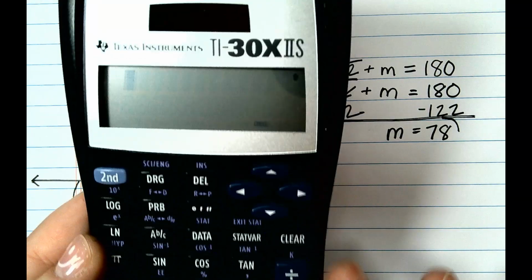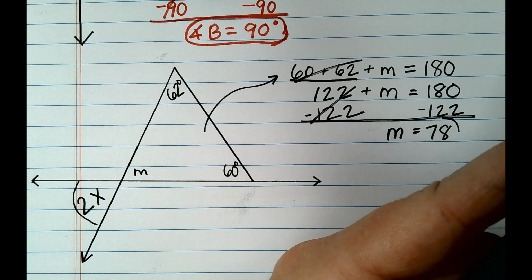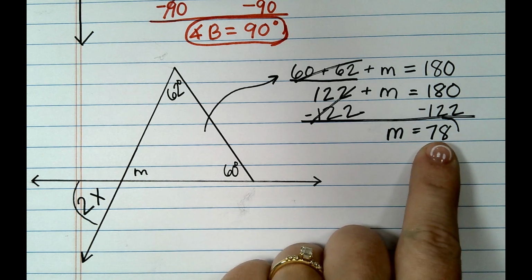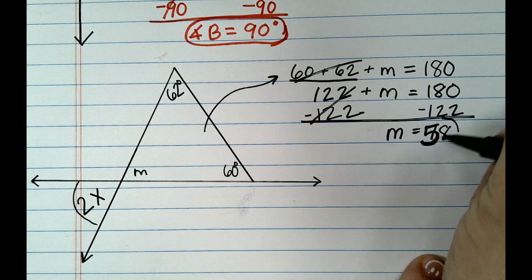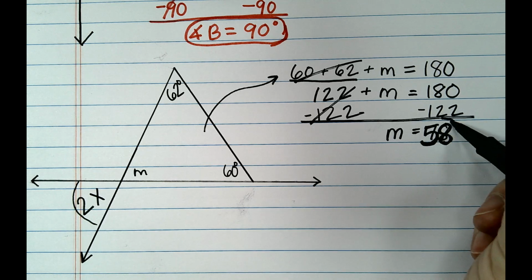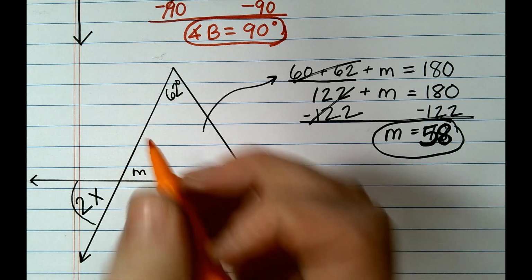Let me type it in. I'll quit being lazy. 180 minus 122 is 58. Yeah, 58. Sorry, wrong. Thank you for correcting me.